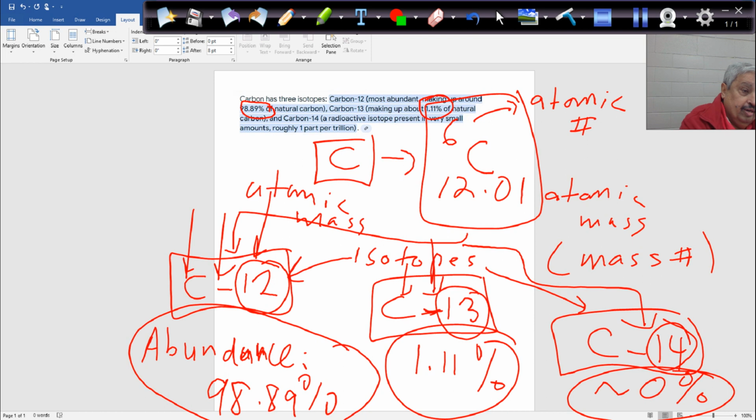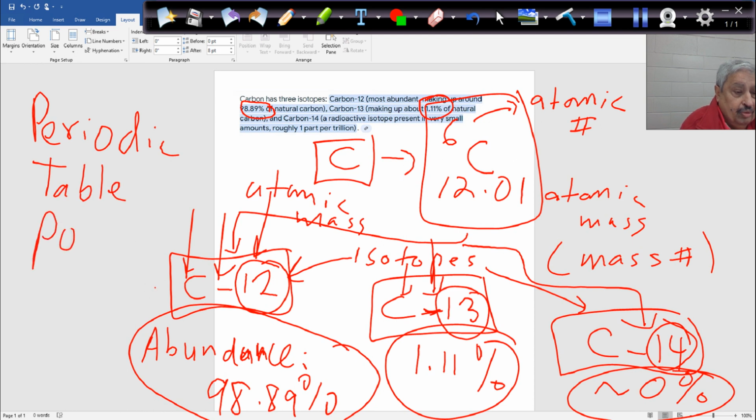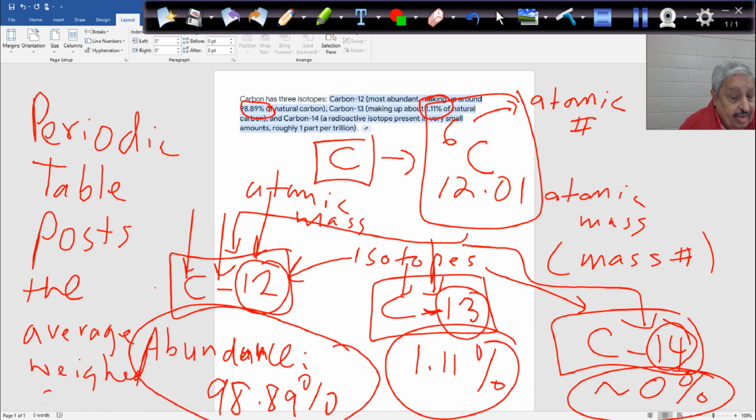A periodic table posts the average weight atomic mass.